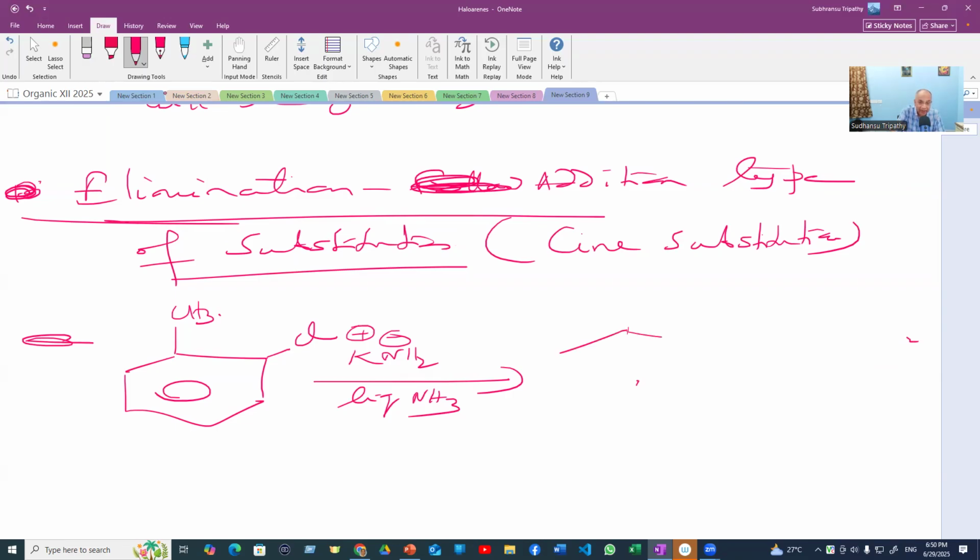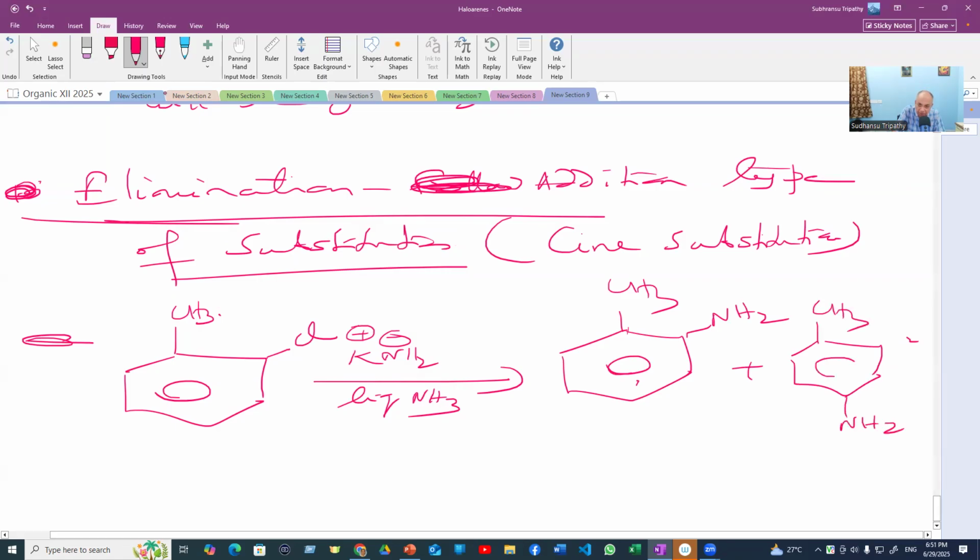Then you will find that you are getting two distinct products. One is the normal product where the leaving group was there; there the new nucleophile will join. And the other one is here. Oh, sorry. One place displaced.